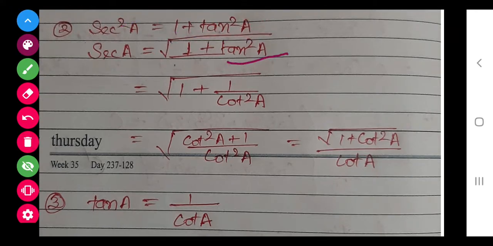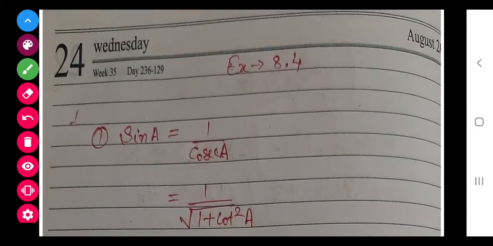After that, tan is the reciprocal of cot. Now after that I have just solved it, and till here you can write the answer. After that I have taken the LCM. Now tan we have to write in respect of cot, that's a direct relation. Tan is the reciprocal of cot. So class, in this question we have done sine, sec and tan in respect of cot.